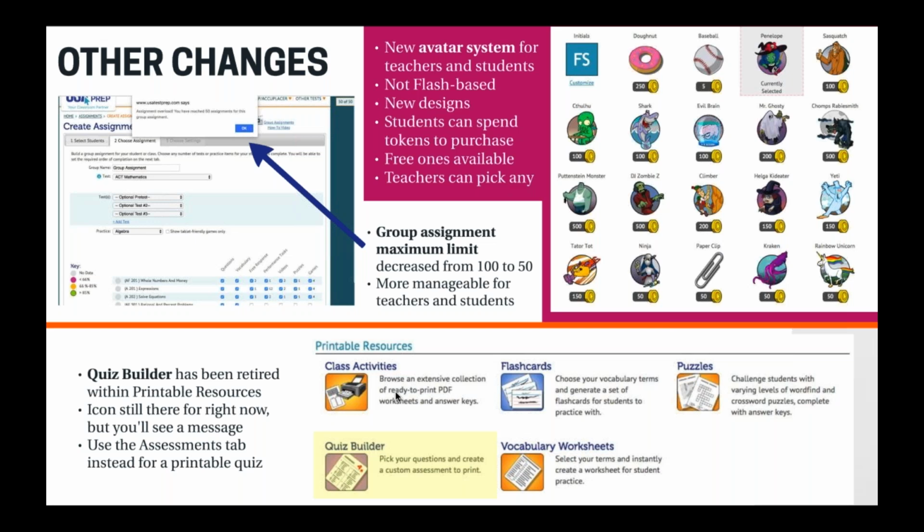Quiz builder only saved your five most recent quizzes, unlike assessments where you can create as many as you need to. So if you needed to create a version A and a version B, it's really easy, and you can name them and it will keep better track of them. In the past, we didn't allow assessments to be printed, which is why we had Quiz Builder, but there's no longer a need for it.